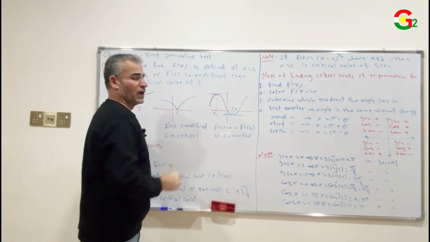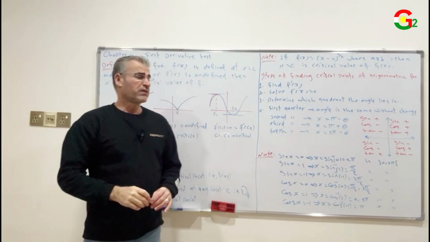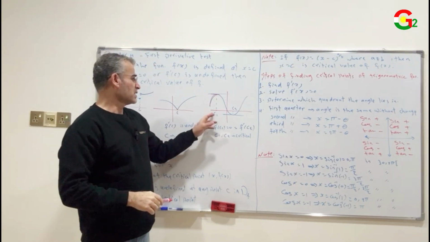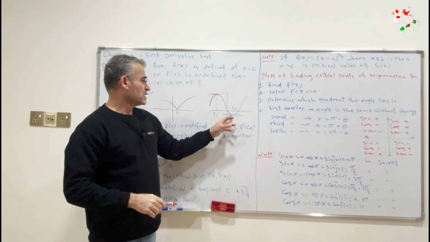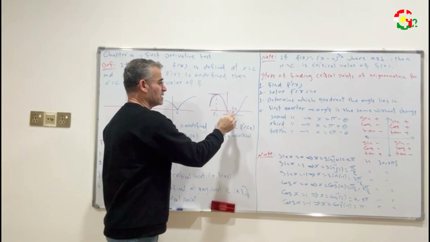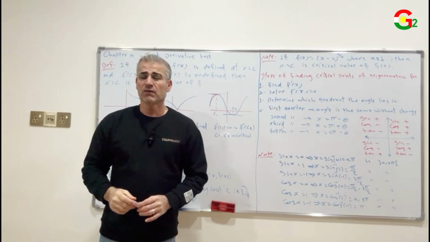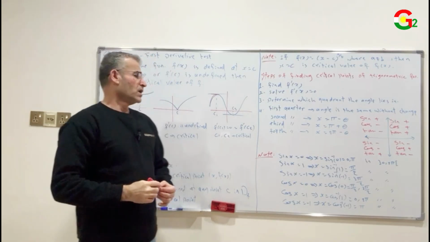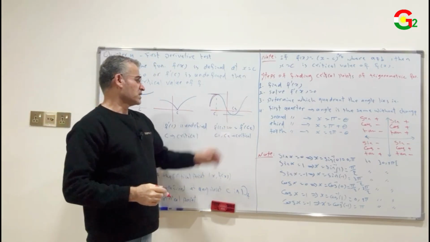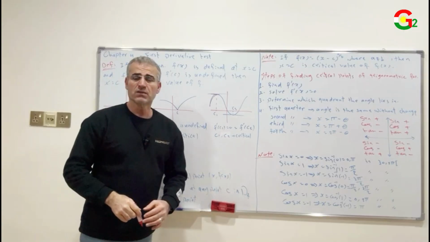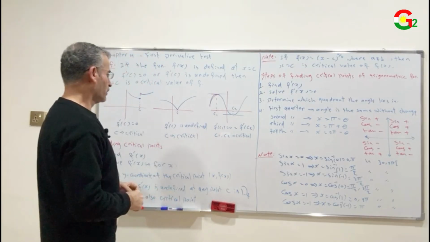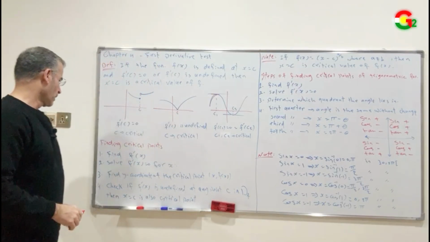Therefore, the graph of its derivative intersects the x-axis at c1. Also the function is decreasing and starts increasing at c2, so the graph of the derivative intersects the x-axis at c2. Thus c1 and c2 are critical points of this function.